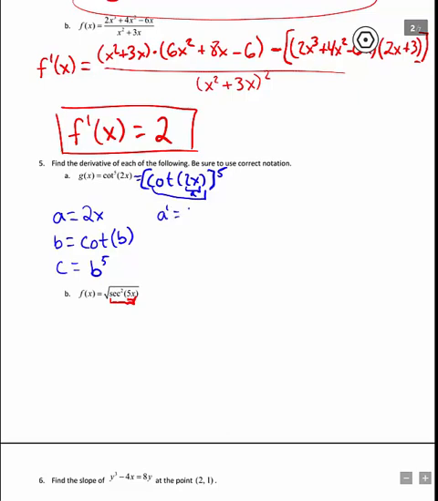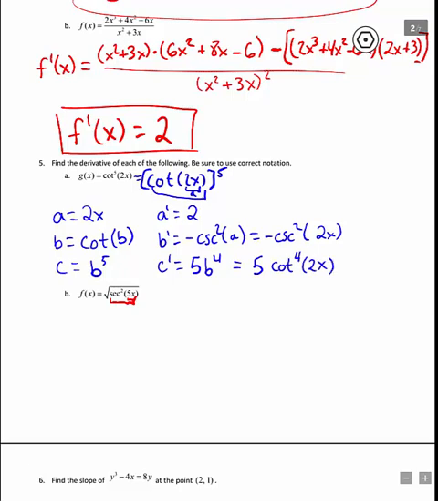That gives us A prime, derivative of 2x, is 2, B prime, derivative of cotangent, is negative cosecant squared of A, and then C prime, the derivative of B to the 5th, will be 5B to the 4th. This becomes negative cosecant squared of 2x, and 5B to the 4th will be 5 cotangent to the 4th power of 2x.